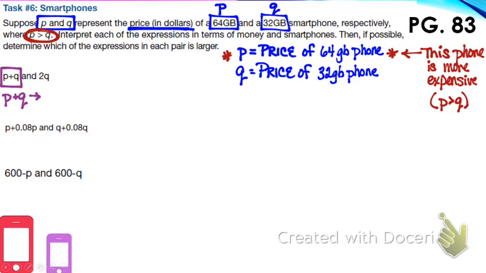What does the Q mean? Price of the 32 gigabyte. And they're adding these together. So I'm taking the price of the 64 gigabyte phone and the price of the 32 gigabyte phone and putting them together. Think about yourself at the AT&T store or Sprint or Verizon or wherever you go to get your phone. What would have you adding those prices together? You're buying both. You're going to buy one of each phone, yes.